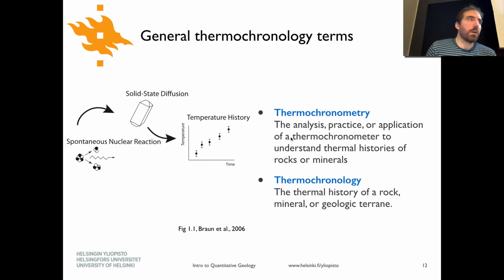Now, when we talk about performing the analysis, there's different terms here, and I just put these in to give you some clarification if you're confused in reading through the exercise about what does thermochronology mean. You have the definitions here. For thermochronometry, we're basically just using a thermochronometer to understand some kind of thermal history of rocks, and thermochronology would refer to that thermal history itself.